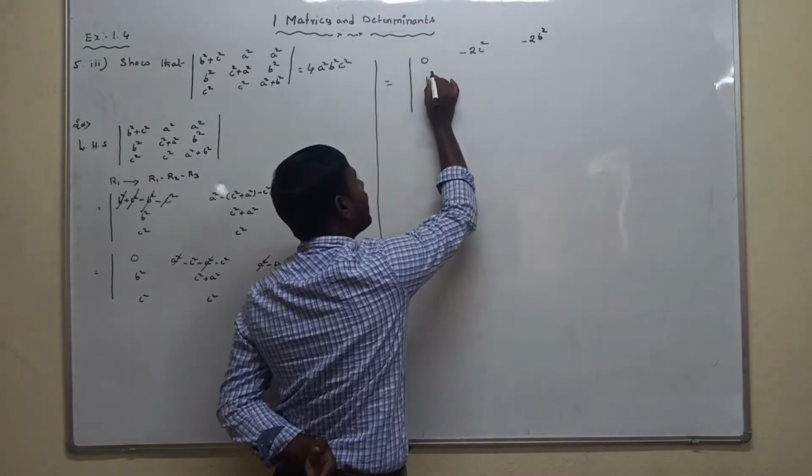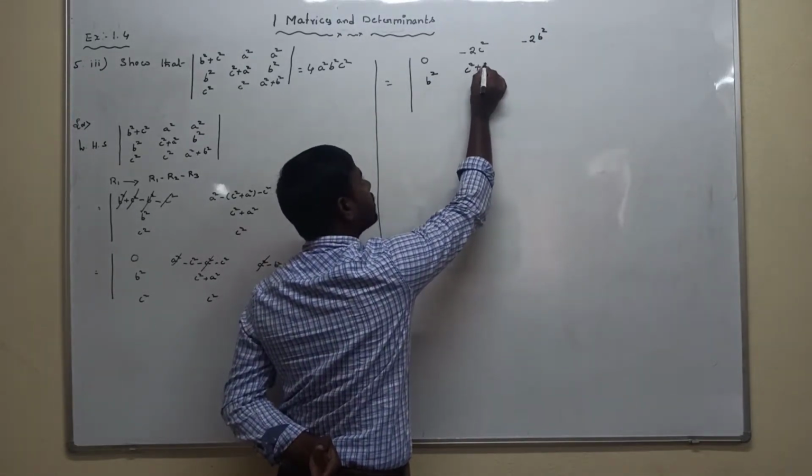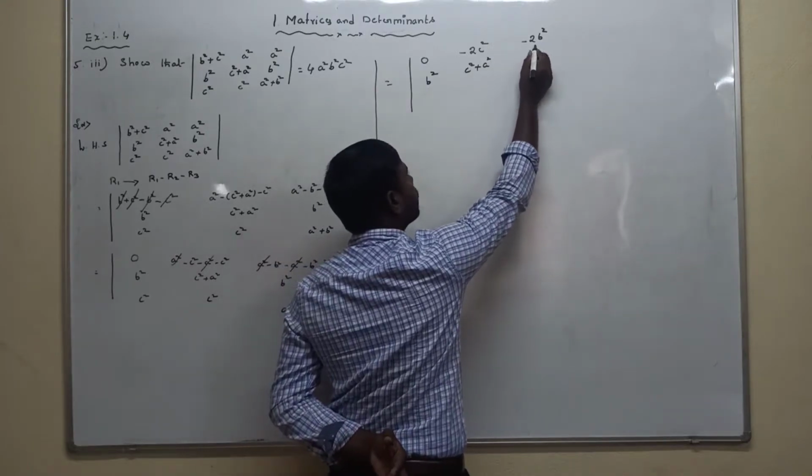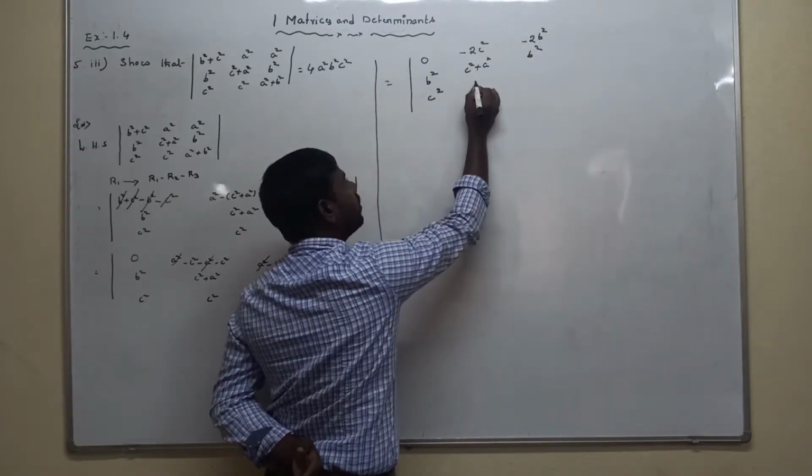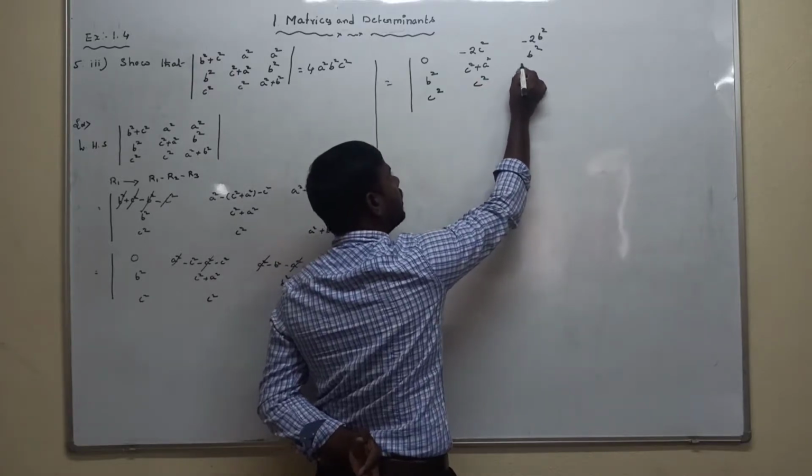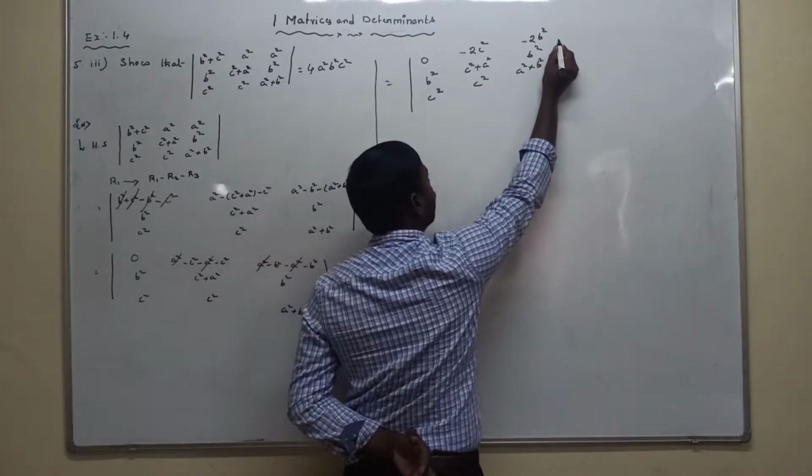Next is b square, c square plus a square, b square, c square, a square plus b square.